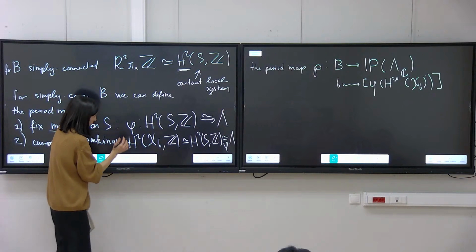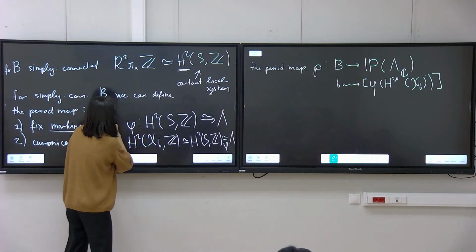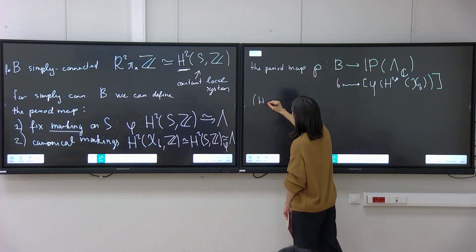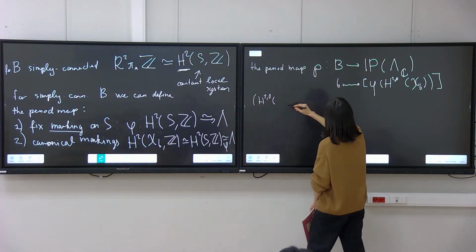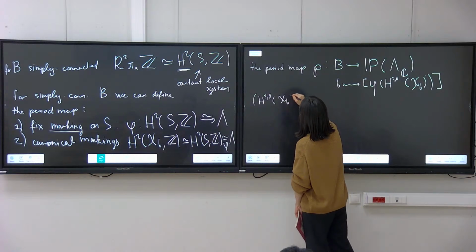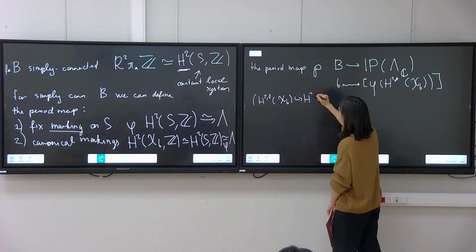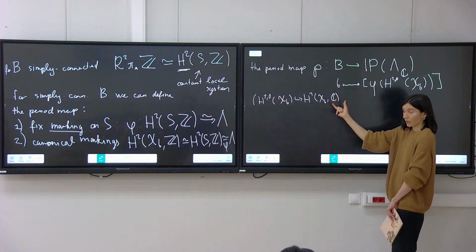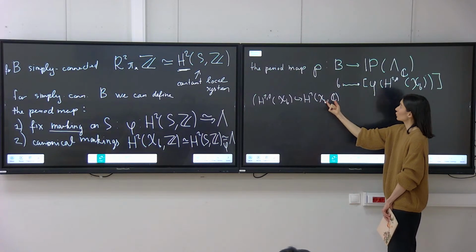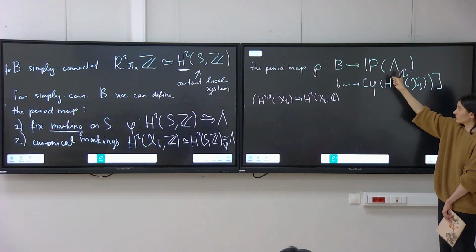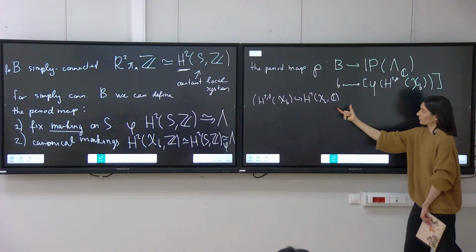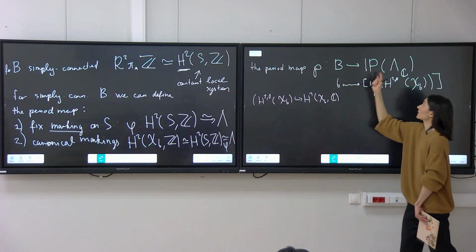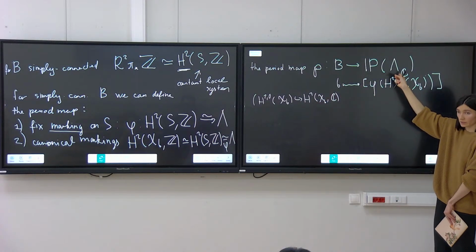So one more time. Before, when we discussed this line bundle fiber-wise, we had an embedding, right? But there is no canonical identification of this complex space with this complex space.